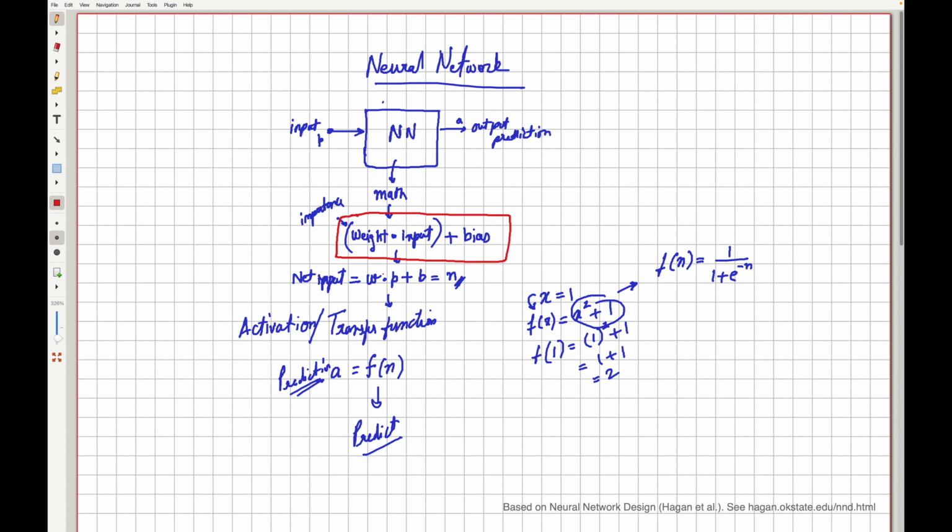We are trying to multiply each input by its importance or weight, and then add a bias to that, and that gets us the net input. Then we take that net input and put it in some sort of transfer function to get us the final predictions.